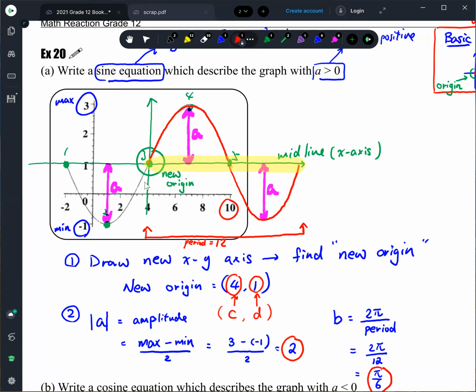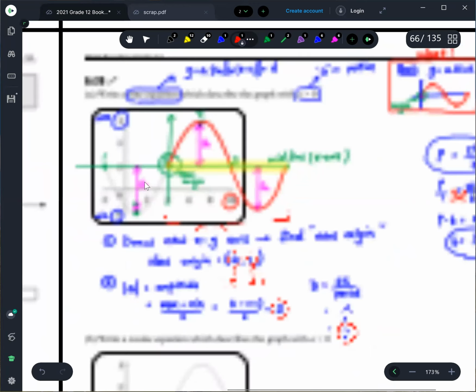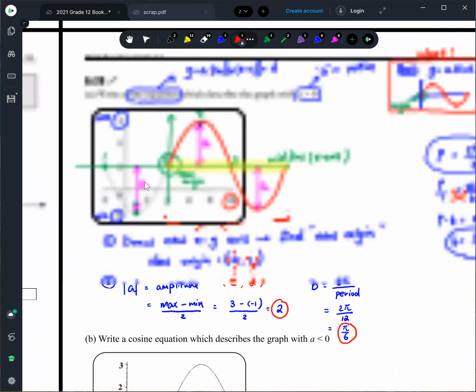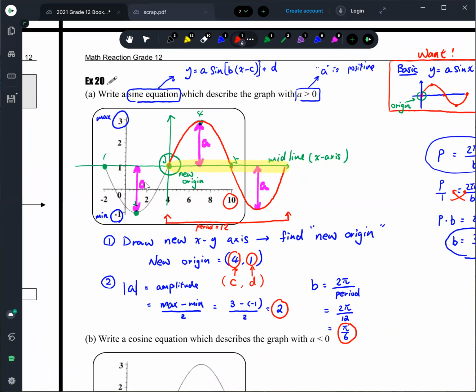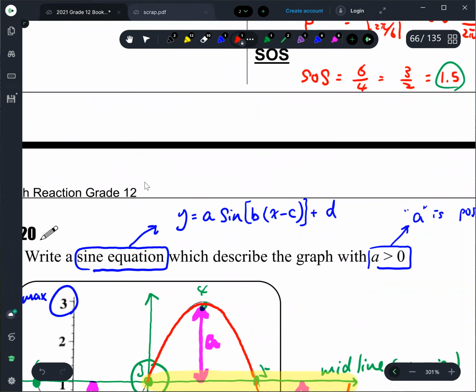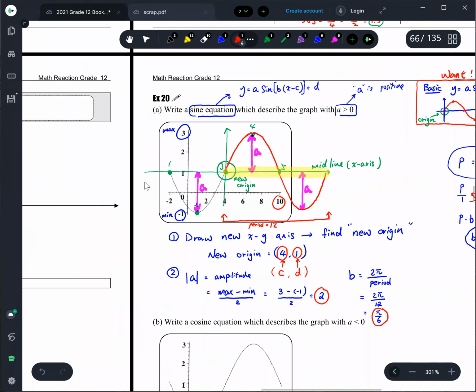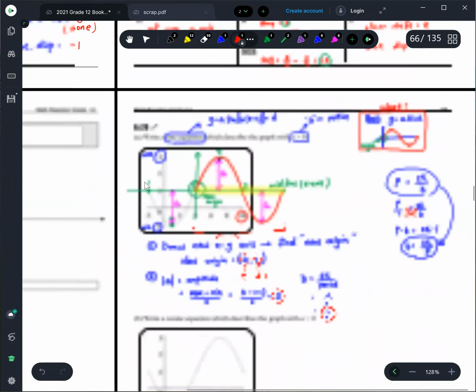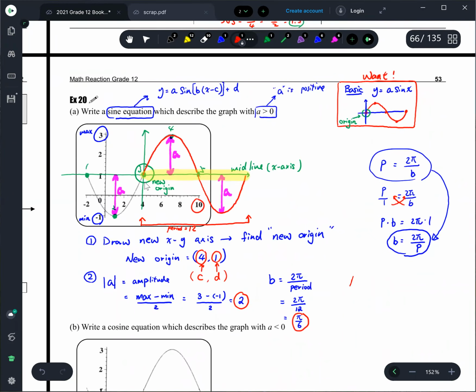So you found your A, B, C, D. That's all you need to get. Once you have A, B, C, D, you just write out your equation, because your equation looks like A sine B x minus C plus D. Therefore our answer for this question is y equals A, which we found to be 2, and it's a sine graph.